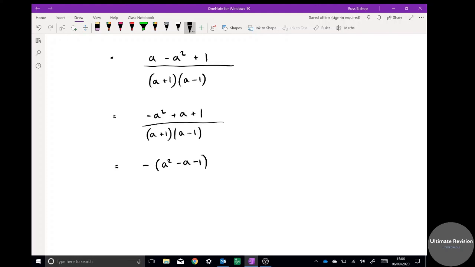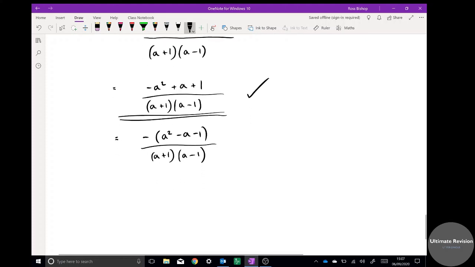Okay, that's fine. I've just factorised out a minus 1 there. Now, I think I can't go any further than that because I don't think that factorises. So that actually would have been fine for my final answer at that stage. But it's good I went one stage further just to check if I could factorise the top or not.